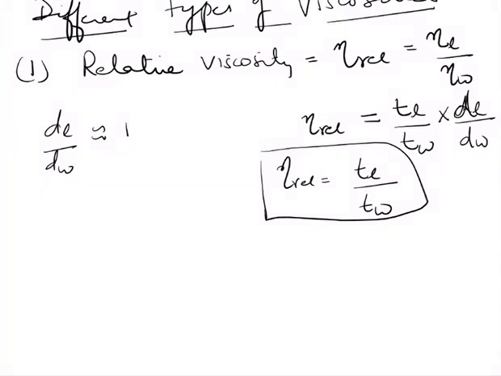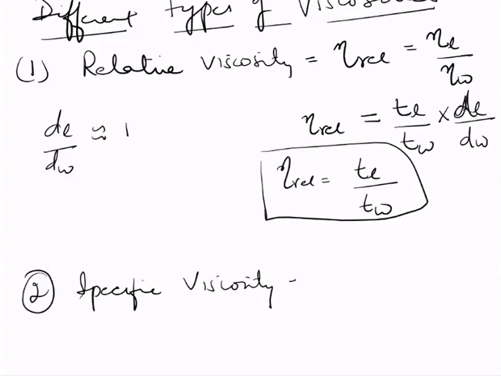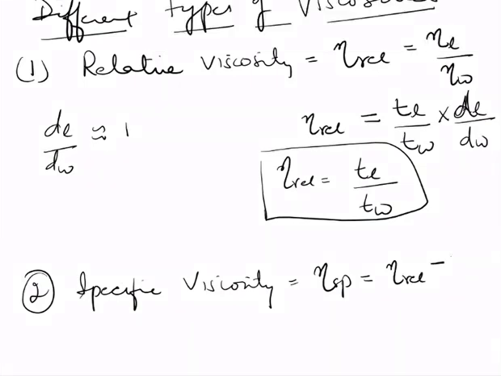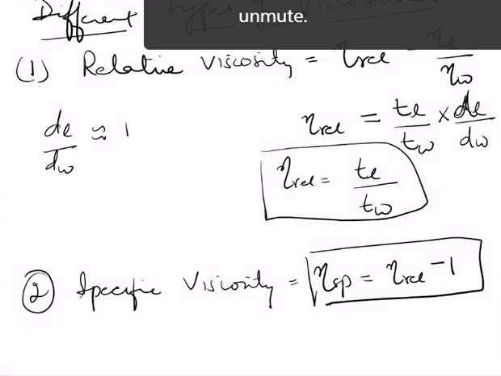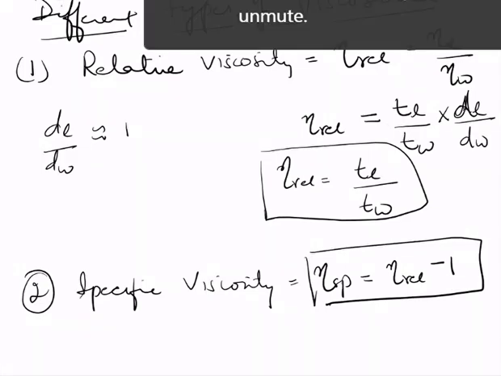So the second viscosity, this is the relative viscosity. This we have the specific viscosity, which is basically defined as eta specific, which is equal to eta relative minus 1 class. Okay. So this relationship can also be used to find out the eta specific.